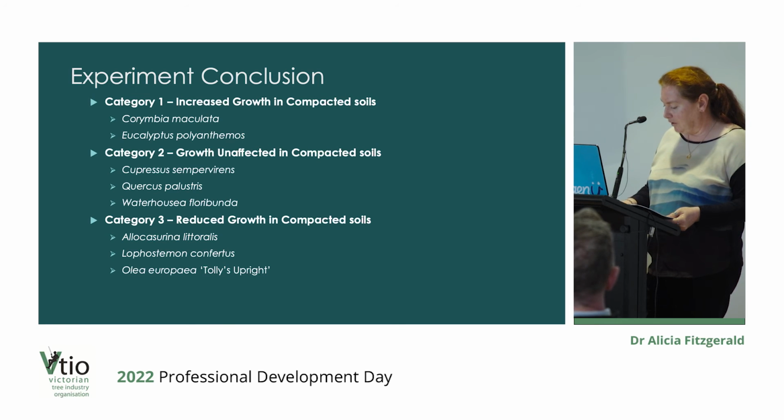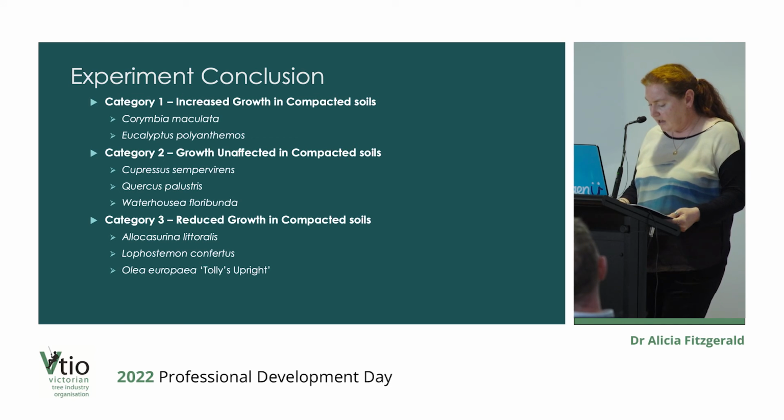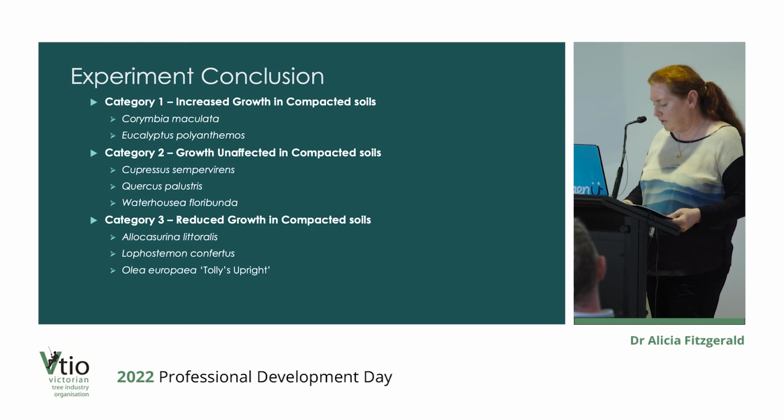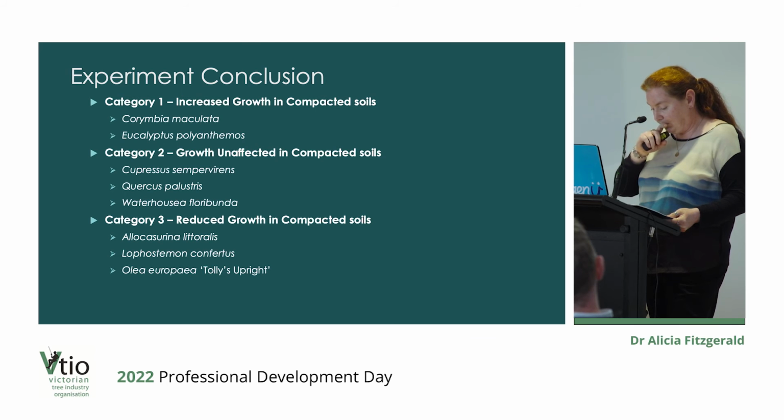For category 2, Cupressus, Quercus and Waterhousea, they had growth unaffected by soil compaction, were tolerant of soil compaction, but may benefit from site amelioration to alleviate this soil compaction to ensure their optimum growth.